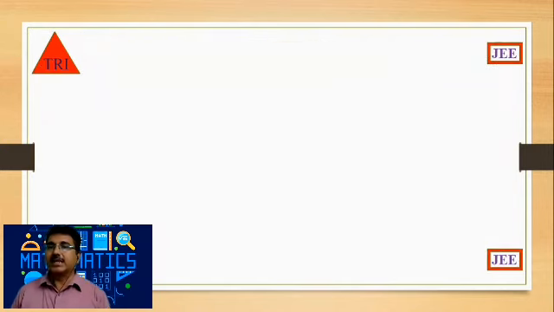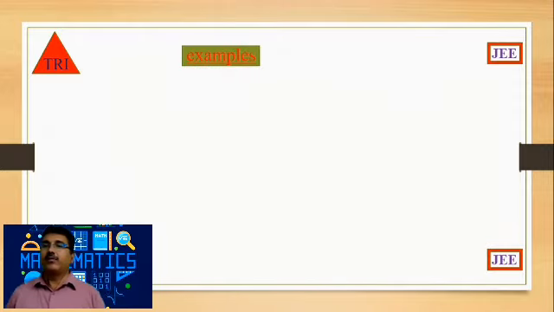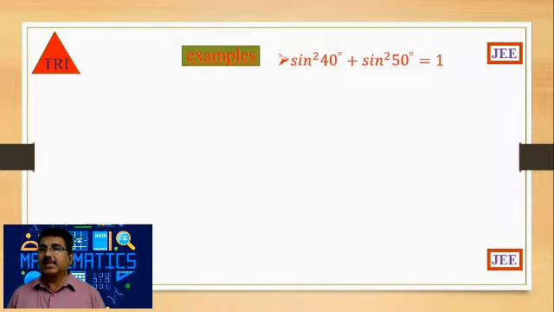Now see some examples. What is the value of sine square 40 degrees plus sine square 50 degrees? Generally, the student thinking is like this: that is equal to sine square 90, that is equal to 1.